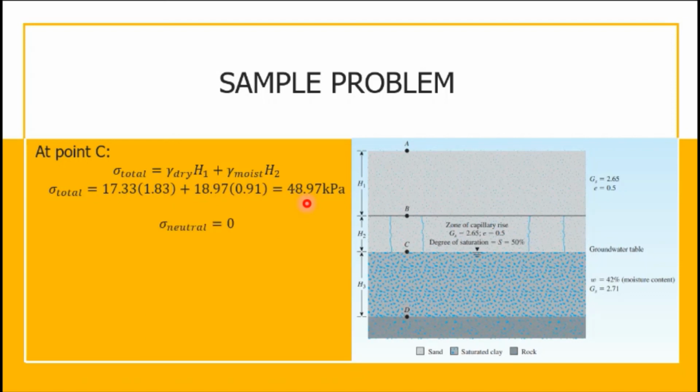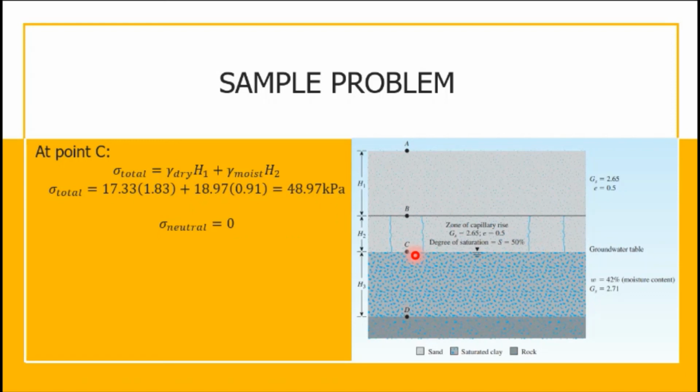So the neutral stress at point C is again equal to 0 because there is no difference between that point and the groundwater table. There is no height difference. So again, the height difference should be considered if you are to get the capillary rise.